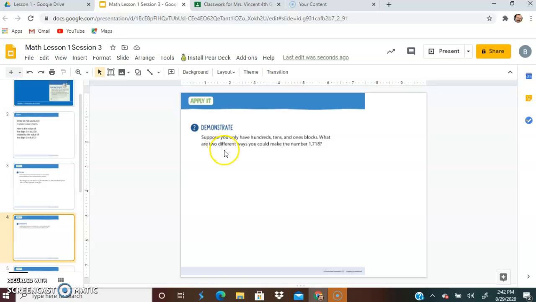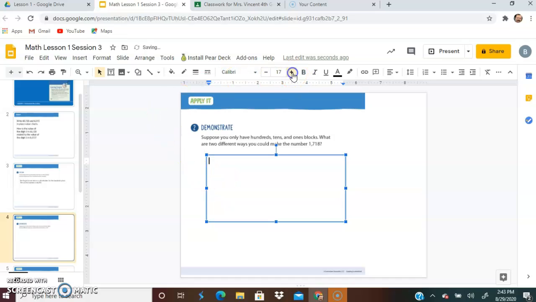Number 2. The correct answer should have been, there's some different options on how to write this, okay? You came up with 2 different ways that we could make this number. One way that we could have written this out could have been to say that there were 17 hundredths, 1 ten, and 8 ones.